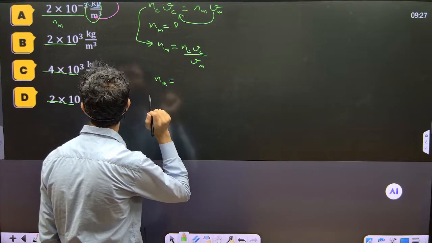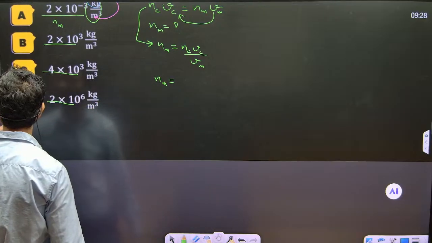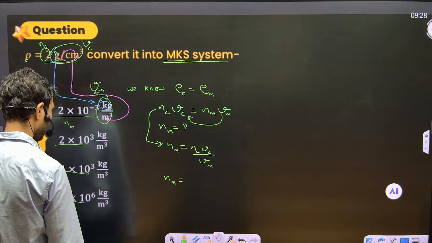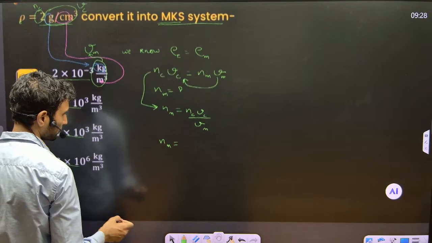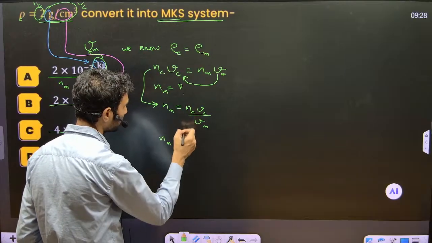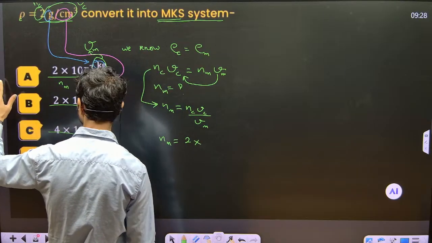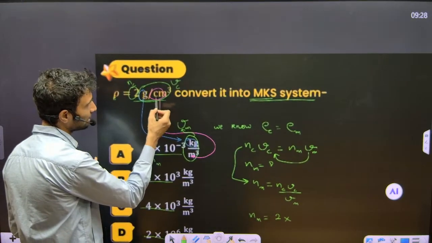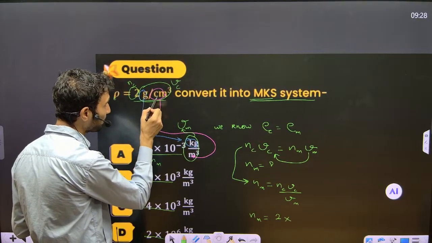NC UC. So what is NC? NC is given in the problem. NC is 2. UC is how much? UC is gram per centimeter cube.